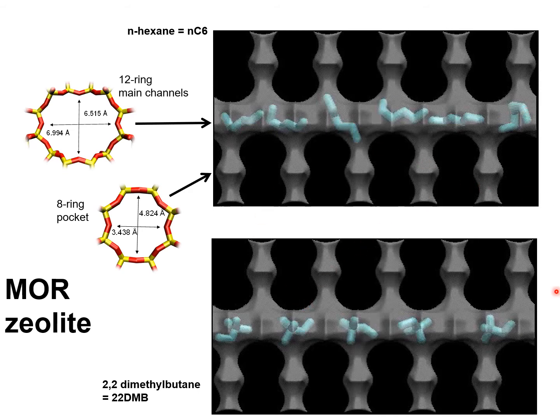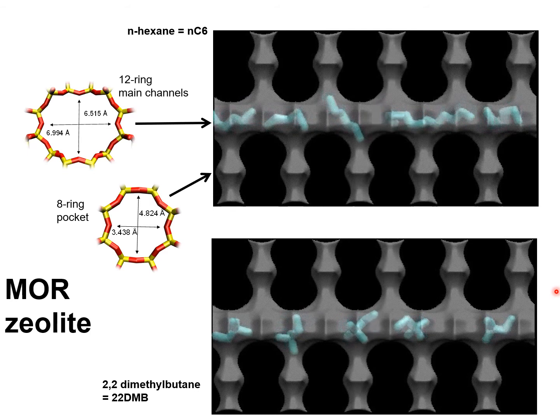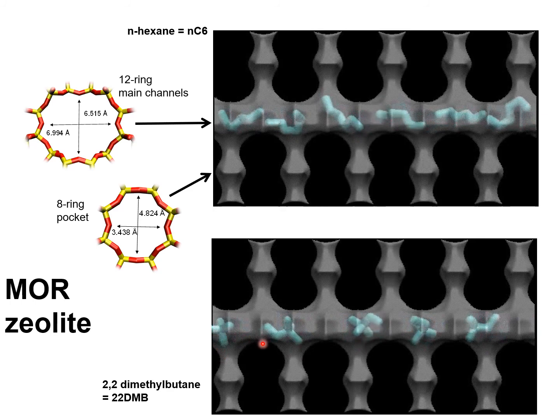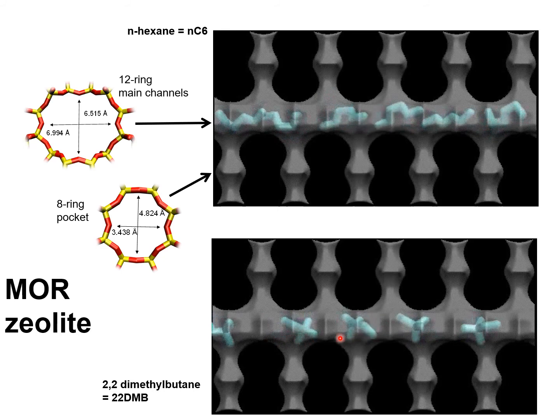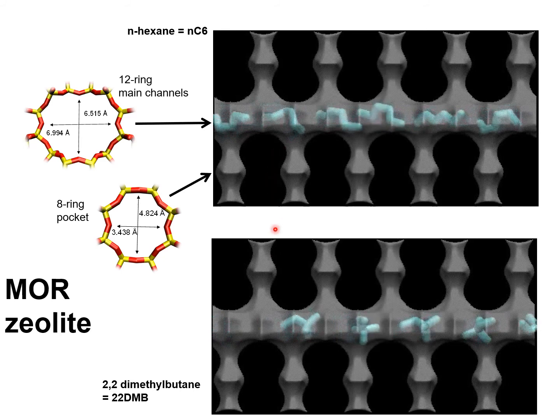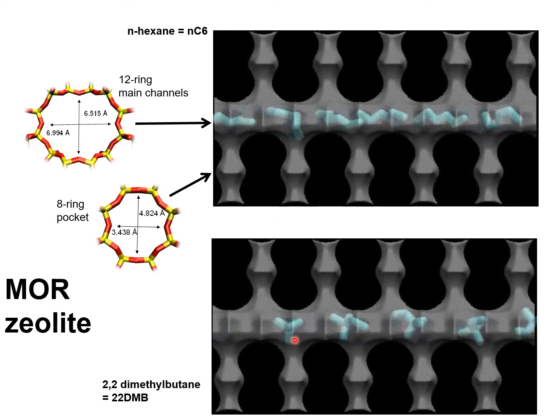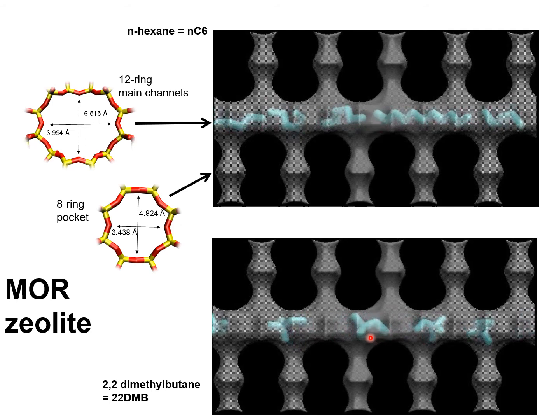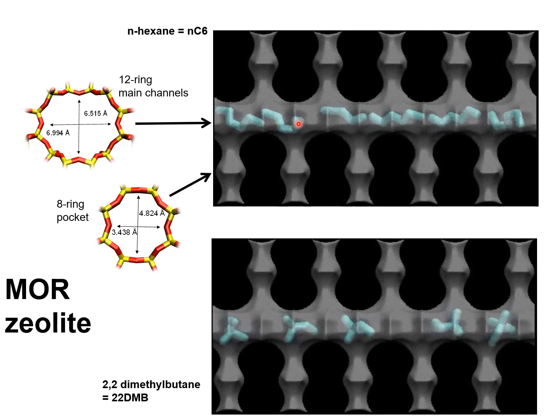And let's have a look at the animations for normal hexane conformations and 2,2-dimethylbutane. You will note that 2,2-dimethylbutane has a smaller footprint, and therefore at saturation it is possible to locate more of the 2,2-dimethylbutane within the 1D channels than normal hexane that has a longer footprint.